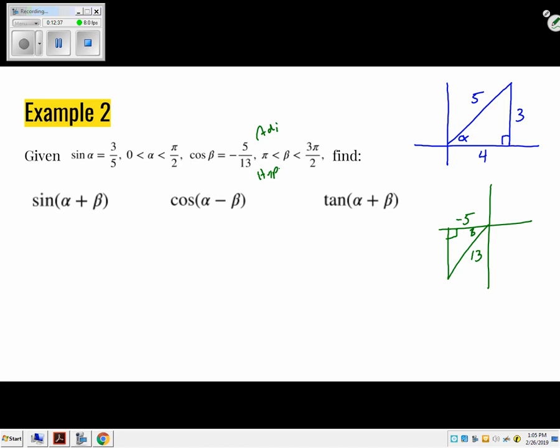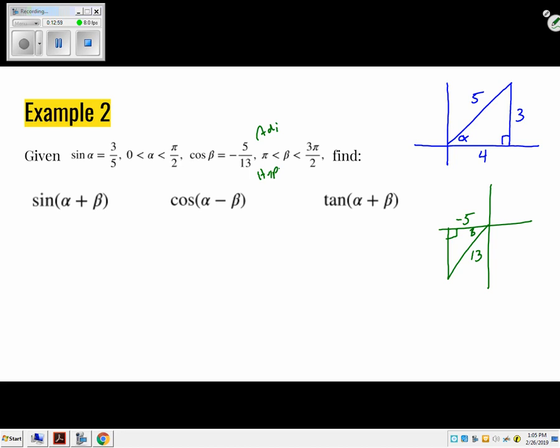R stands for radius. Radius is a distance on my circle. So -5. Does anybody want to take a guess on what this other side is going to be? 12.